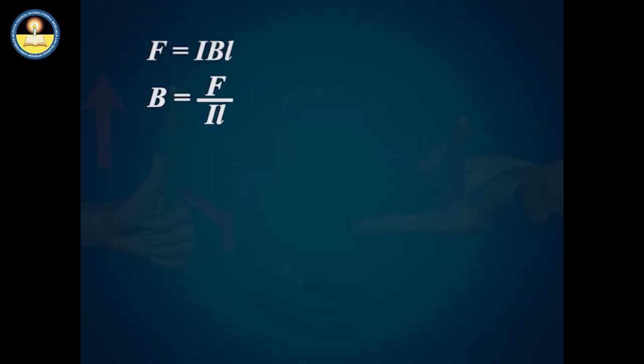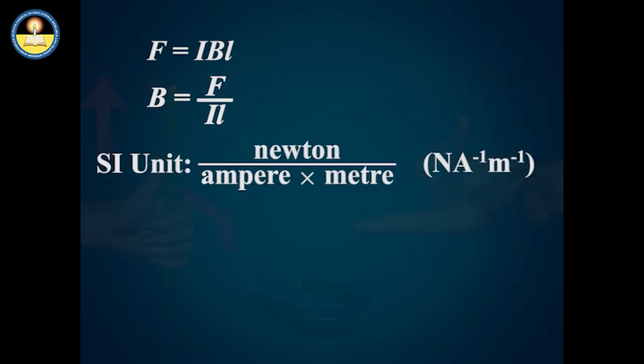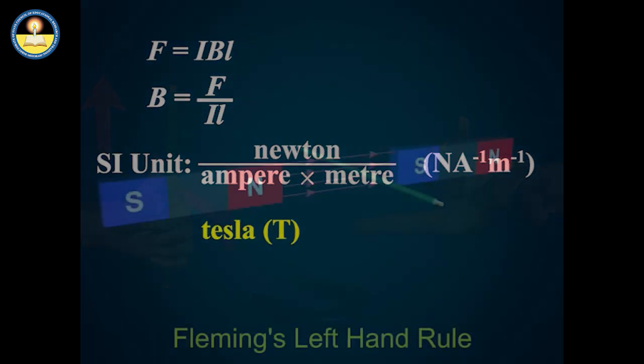Since the SI unit of force is Newton, the SI unit for magnetic field comes out to be Newton per ampere per meter. It is also referred to as Tesla.